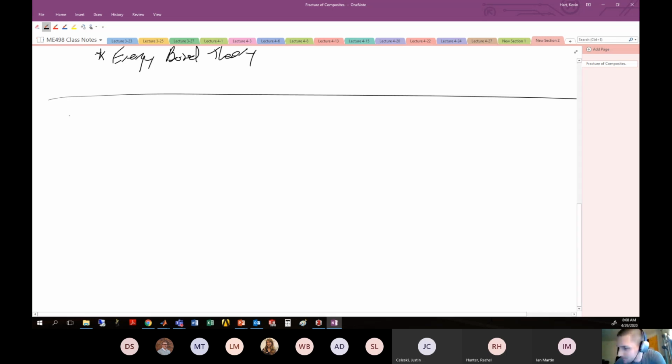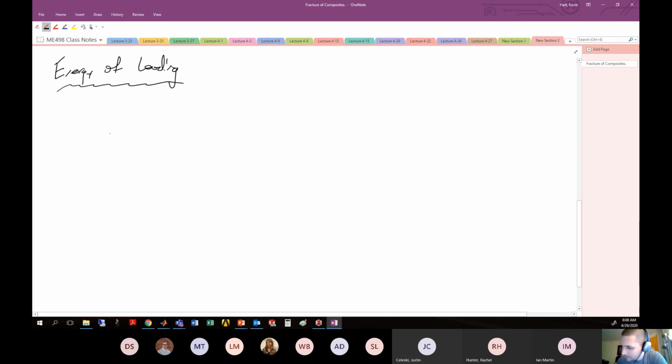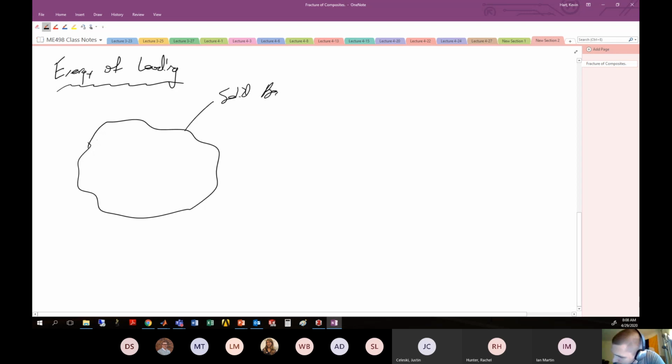When we load up some solid, let's make our famous, world famous mechanics potato. So solid body. Let's put some coordinate system on here, random in space.